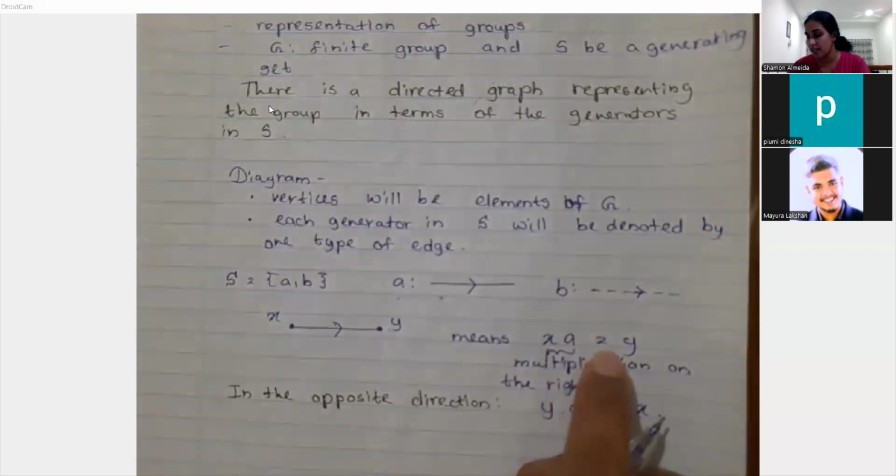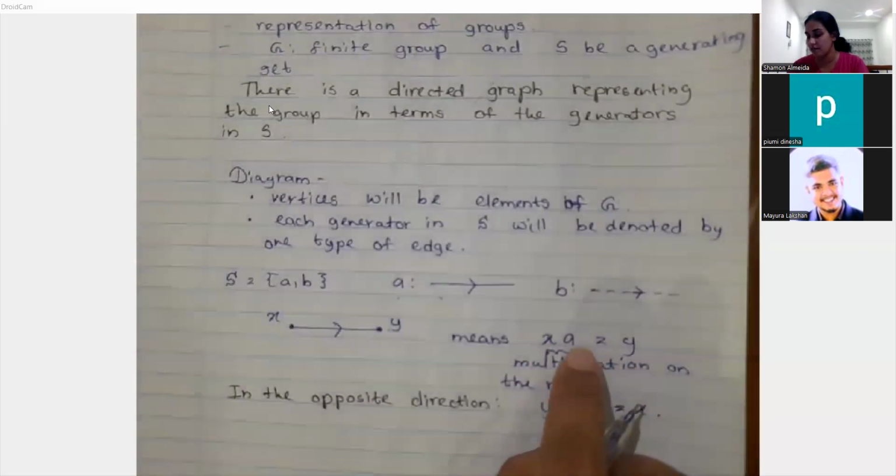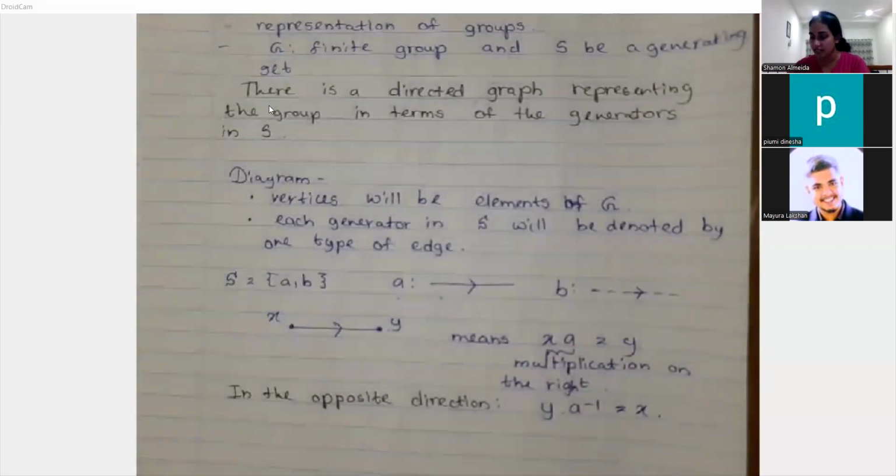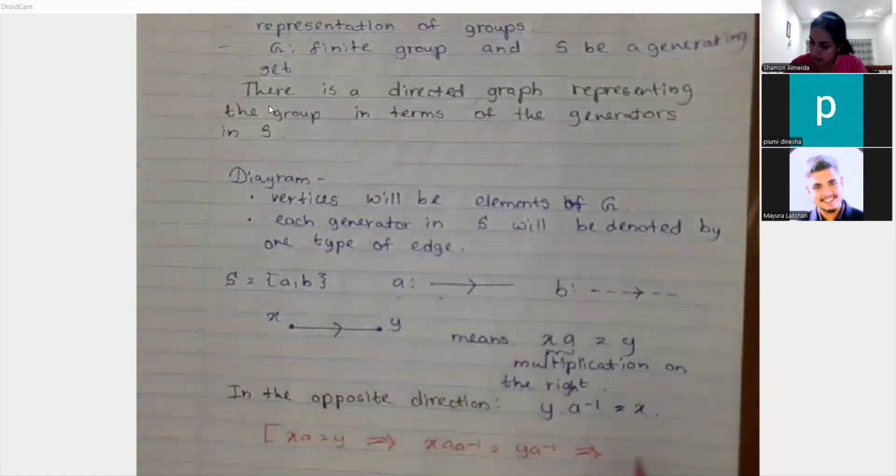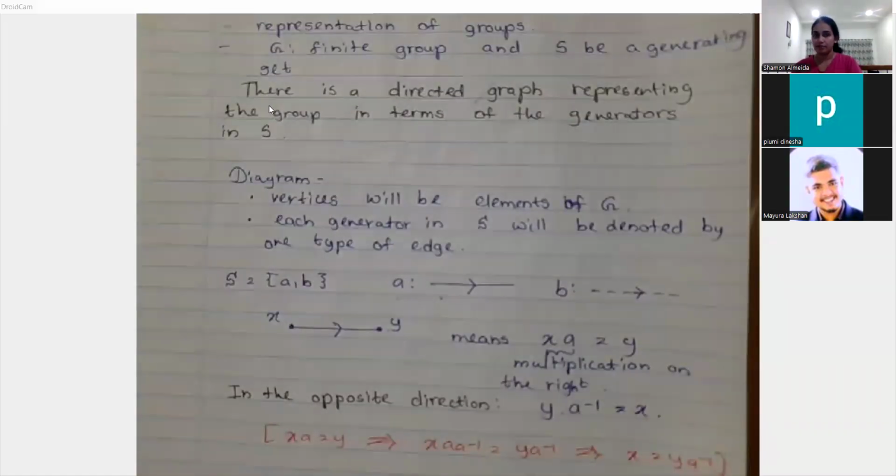We have XA equals Y. We take A inverse on both sides on the right. If I write it, XA equals Y, take A inverse on the right, we have XA inverse equals YA inverse. This means X is equal to YA inverse. Exactly what we see over here, right?